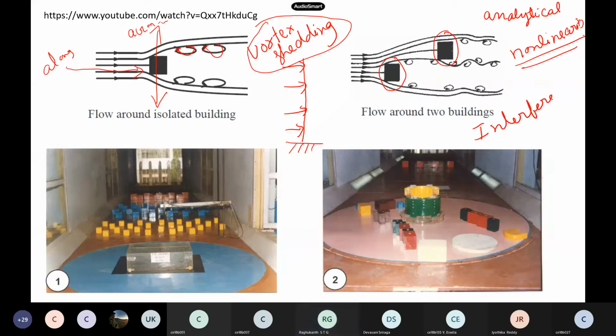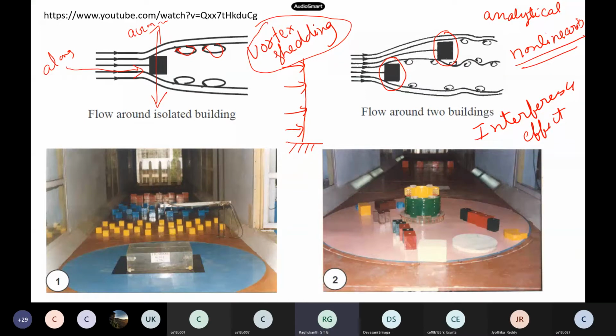These are all technical words in the wind code. Now, to get vortex shedding or the interference effect analytically, writing the equations of motion and solving them is a very complicated thing. Like for simple beams, you can already write the equation M equal to EI d squared y by dx squared.